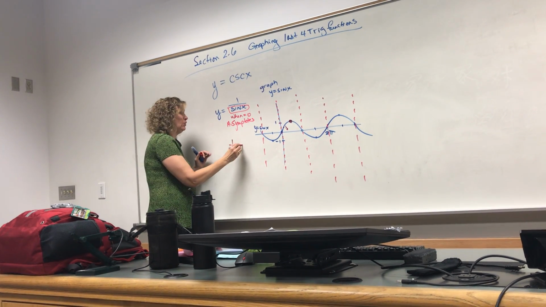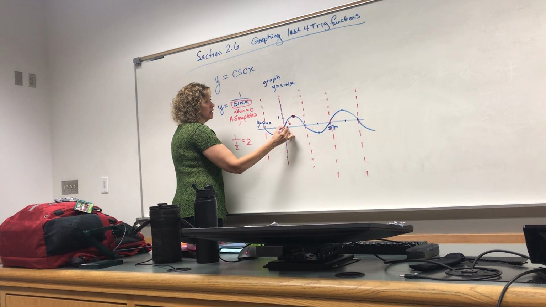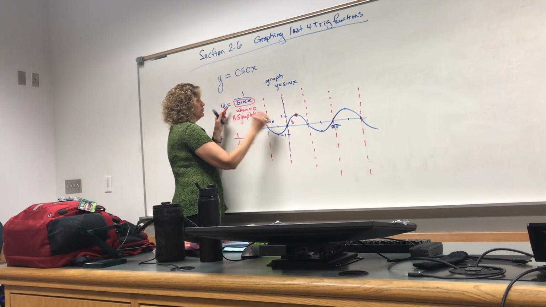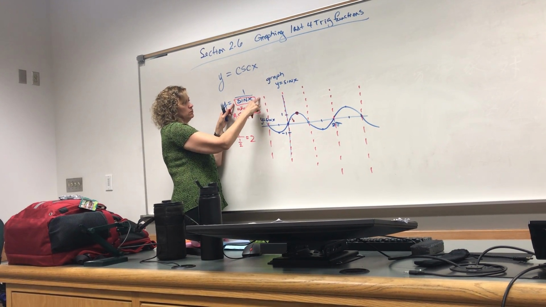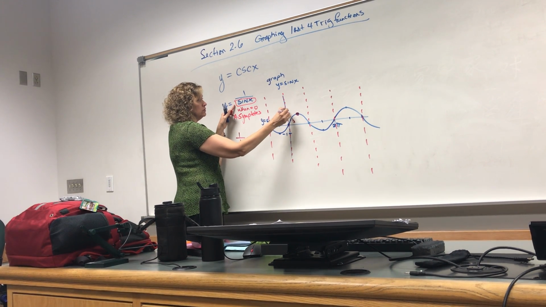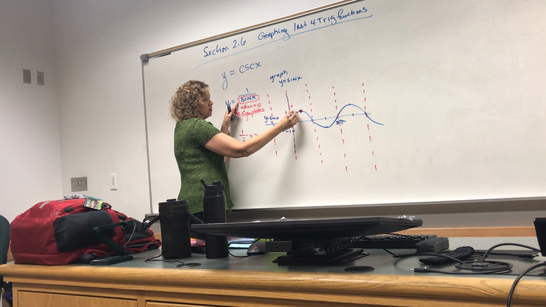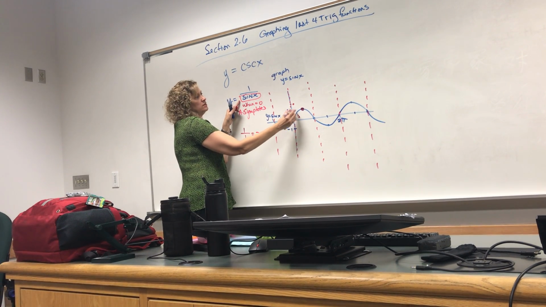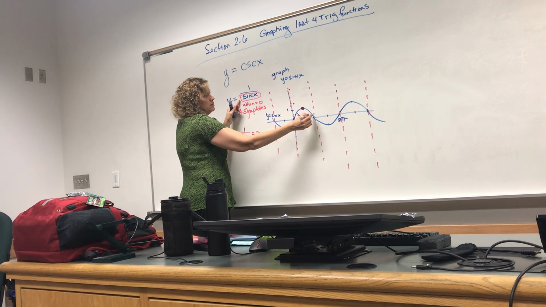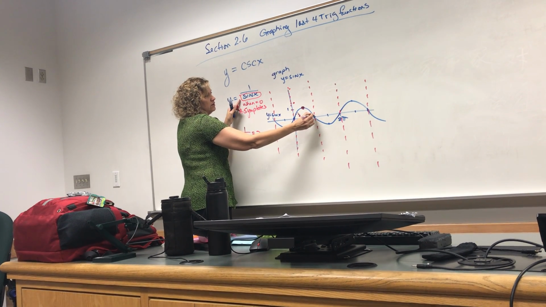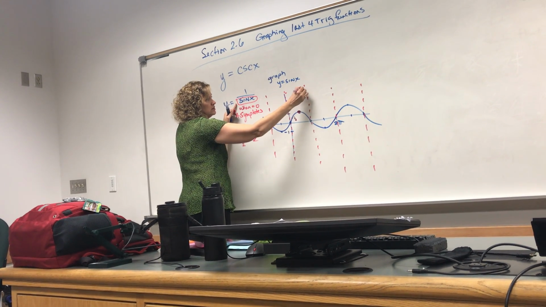I get 2. So for this x value, the sine is 1/2, but when I do 1 over 1/2, I get 2. And the same thing, all these fractions, there is going to be 1/10, it's going to be up here. Somewhere here, there's a value of 1/10, and it's going to go there.